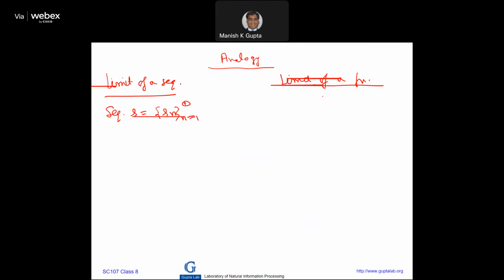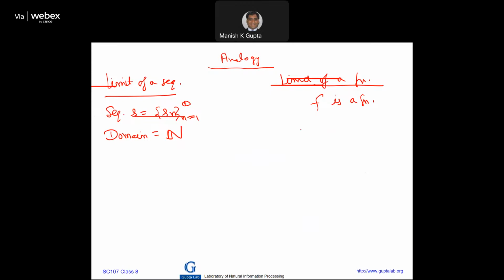Okay. And here we have f is a function. So y is equal to f of x is a function, right? So here domain is natural numbers, right?